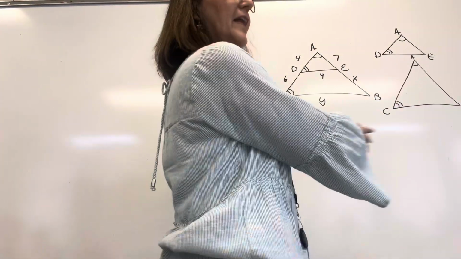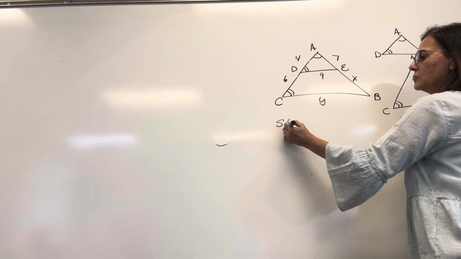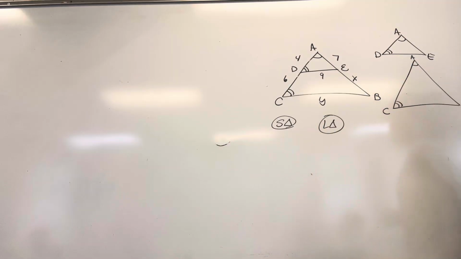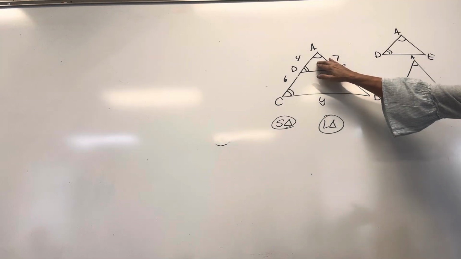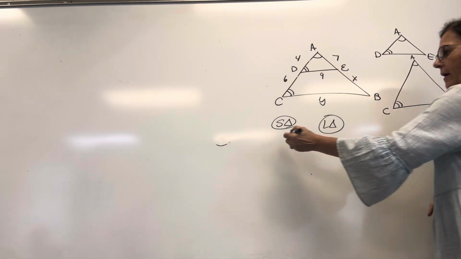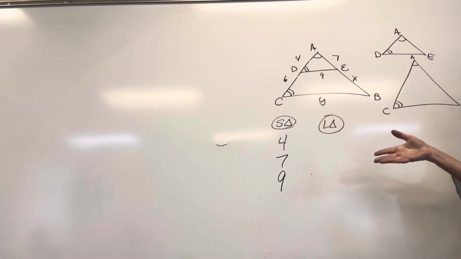Okay, now instead of left triangle and right triangle, I'm gonna say the small triangle and the large triangle. And I'm gonna come up with corresponding sides. In the smaller one, I have 4, 7, and 9. So I'm gonna write that, 4, 7, and 9. No variables in the small triangle.